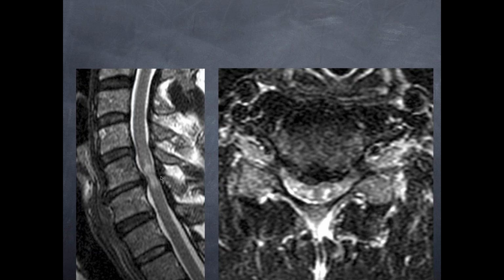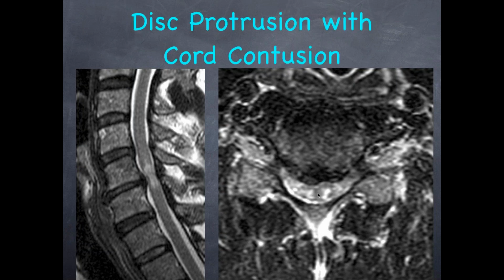So here we have compression, but many people believe that when you see edema on either side like this in the owl's eyes appearance, that's indicative of focal vascular compromise of the cord, and it tends to have a poor prognosis.